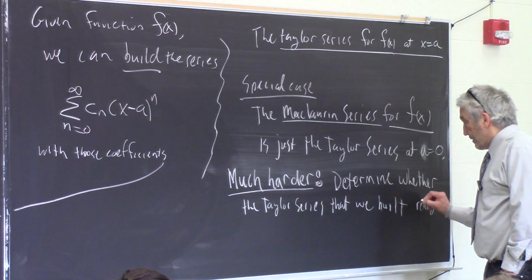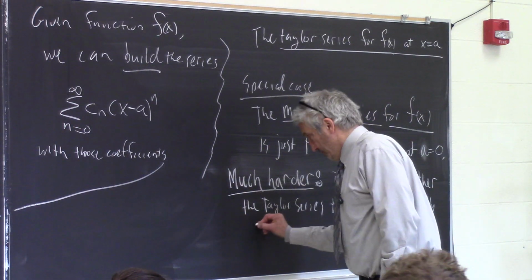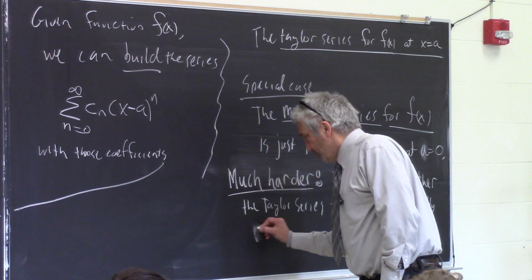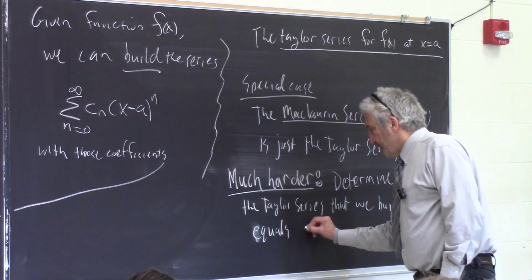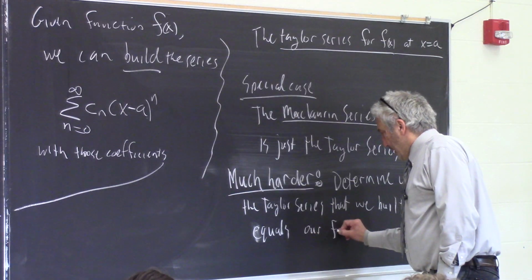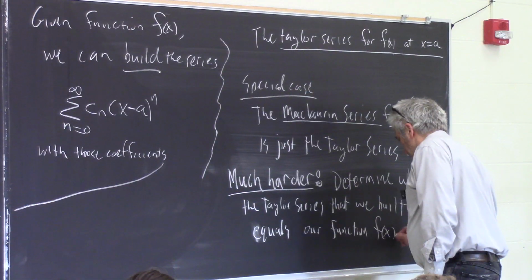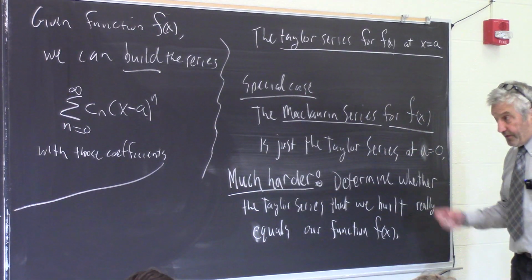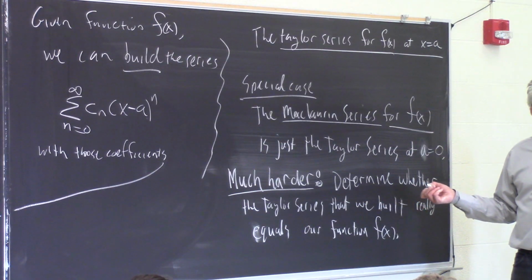Again, maybe this series converges, but maybe it converges to something else, not our function. So whether it really equals our function f of x. Now, this harder question is really as hard as anything in our course.